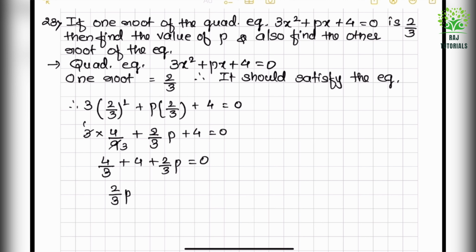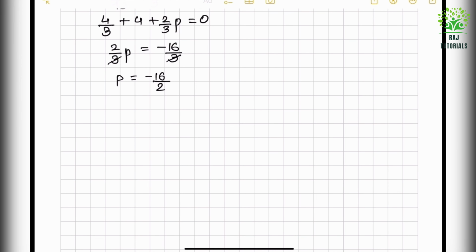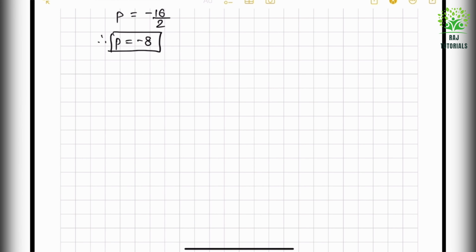So I can say 2 by 3p will be equal to minus 16 by 3. So cutting both sides 3, p will be equal to minus 16 by 2. So therefore p will be equal to minus 8.